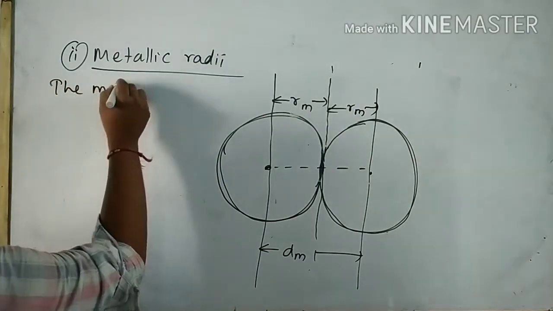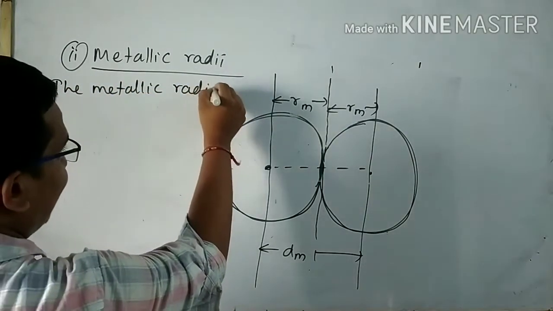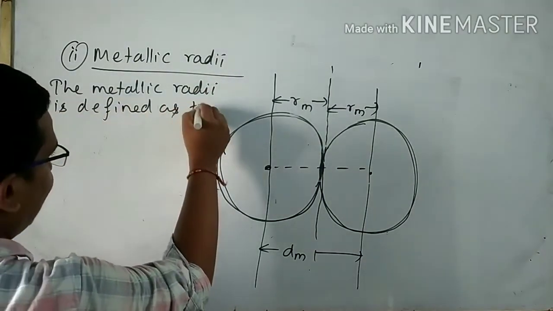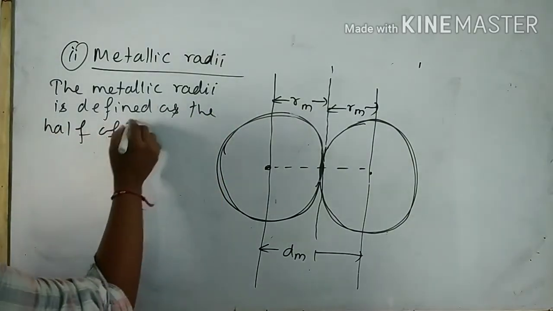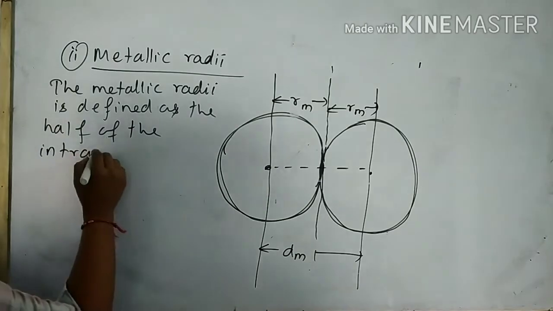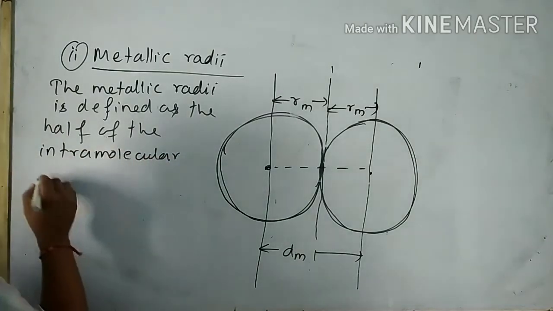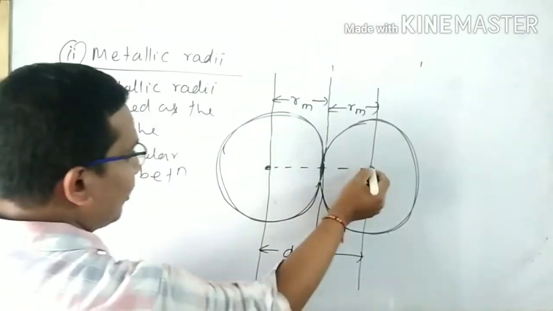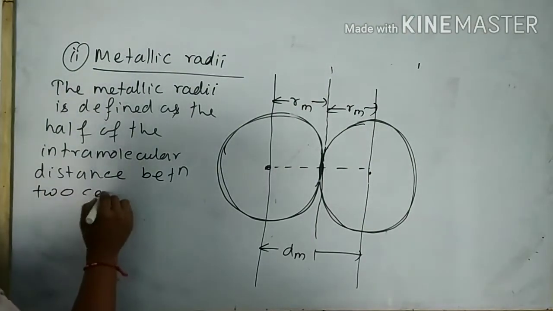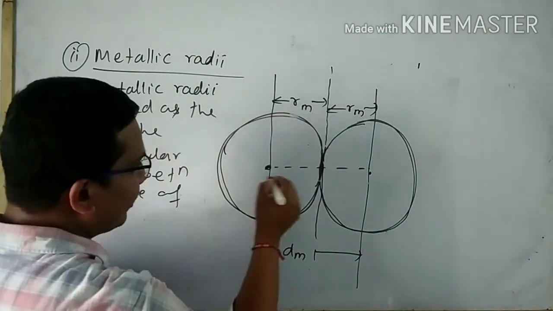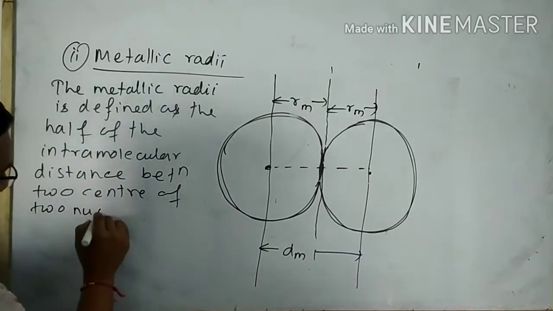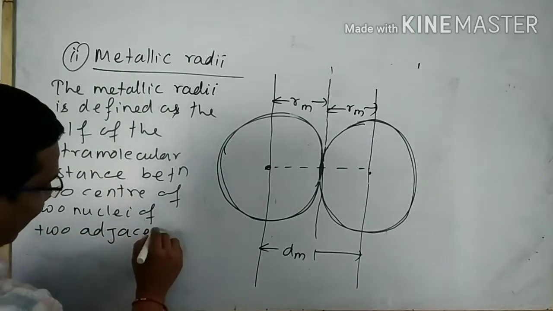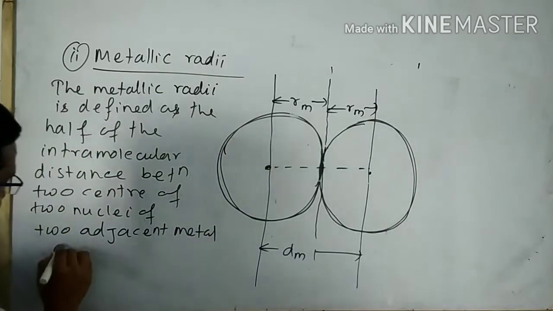Then what will be the definition for metallic radii? The metallic radii is defined as half of the distance between the two centers of two nuclei of two adjacent metal atoms.